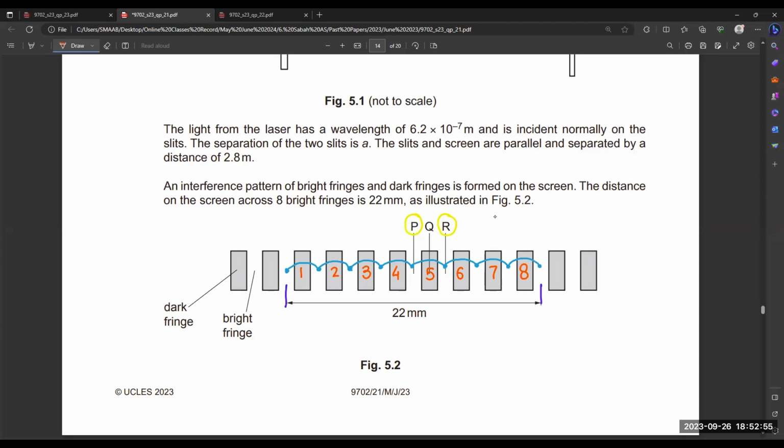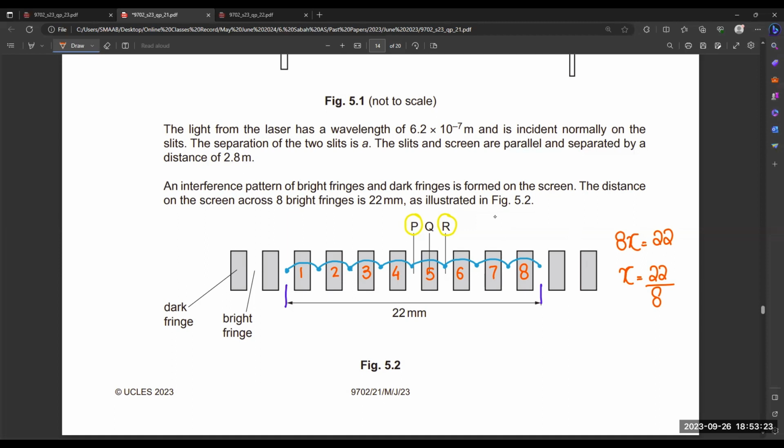Or you can simply say that, let's suppose we have 8 dark fringes, and that is equal to 22 millimeter. So if we divide by 8, you will get the length of one fringe, right? Clear?